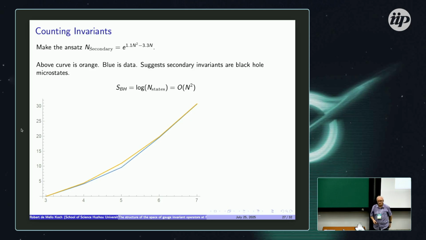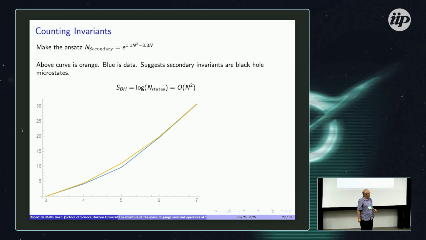Something that I won't talk about, but in a paper that appeared 2 weeks ago, we gave a proof that the number of secondary invariants has to grow like e to an order 1 constant times n squared. So that's how the number of secondary invariants is growing. By the way, to get that many secondary invariants, it means that almost every secondary invariant must have a length of order n squared.